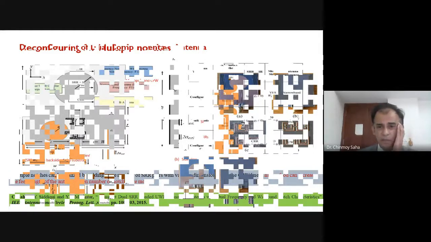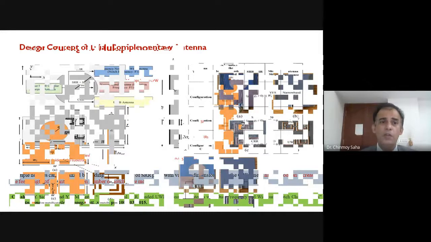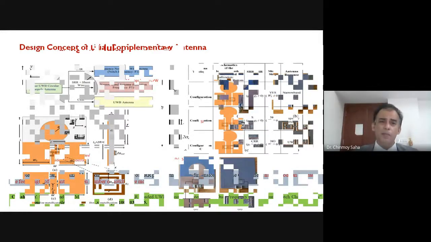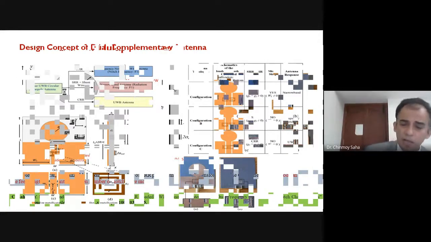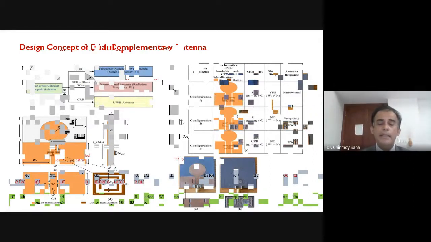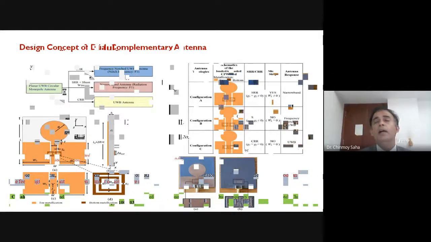As you can see on the top left side, it's a schematic diagram, or I can say a block diagram or flowchart kind of thing, where you have basically an ultra wideband monopole antenna, which is a circular monopole antenna, and this antenna is loaded with SRR with different kinds of switches, and sometimes the gaps of the SRR are closed.